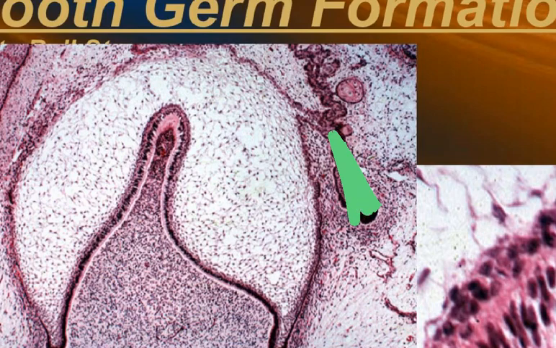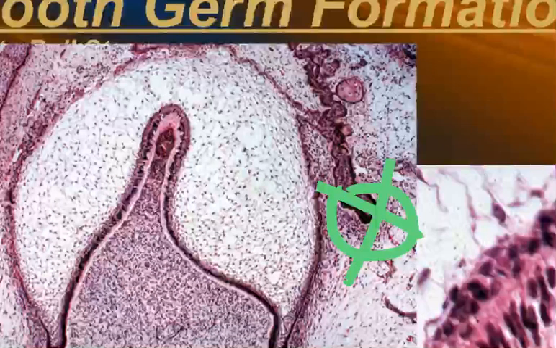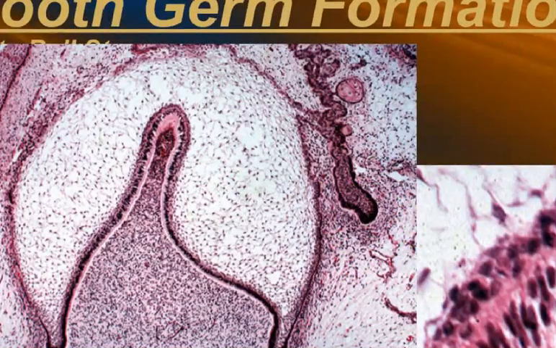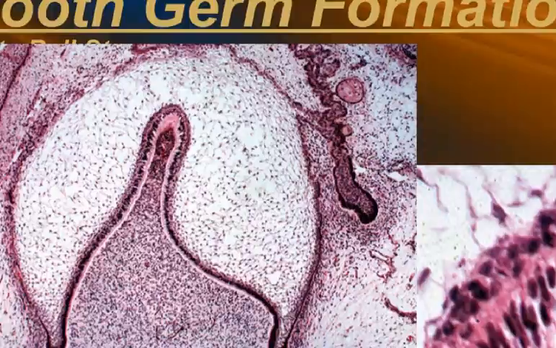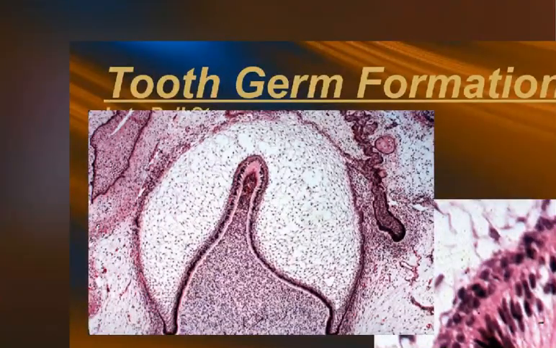Notice that the successional lamina is not yet at the bud stage, so not week 20 yet, because we are still at the 18th week. After 2 weeks, this will become oval. Also notice the central degeneration of the vestibular lamina. We can identify central degeneration here.